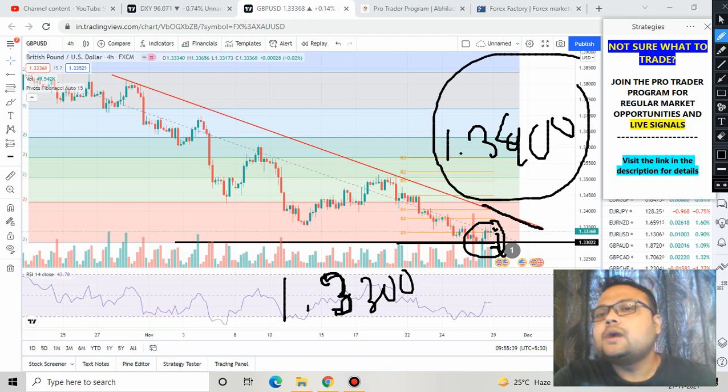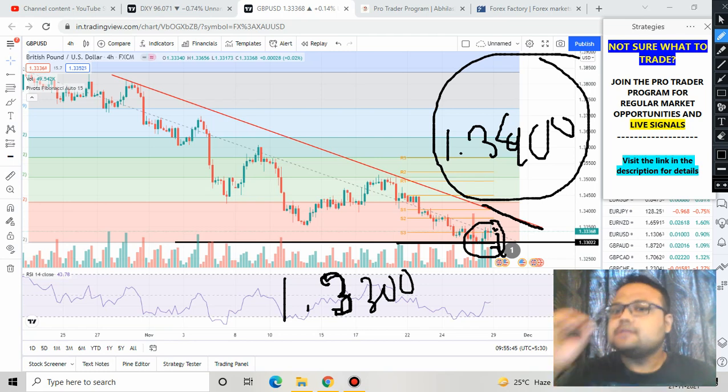So these are the next two resistances for GBP USD for Monday. If these two levels start acting as resistance and GBP USD reverses, then also you can take a sell position on GBP USD.